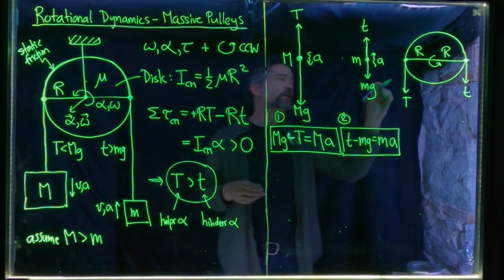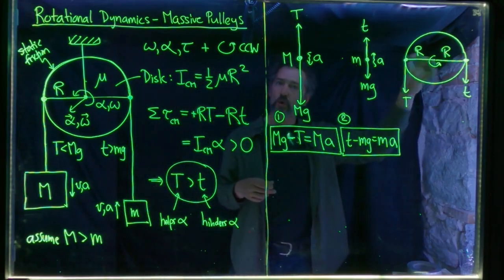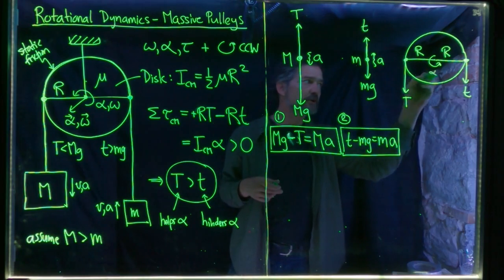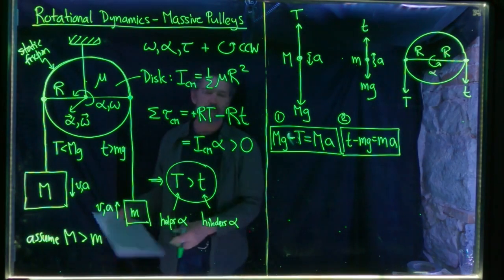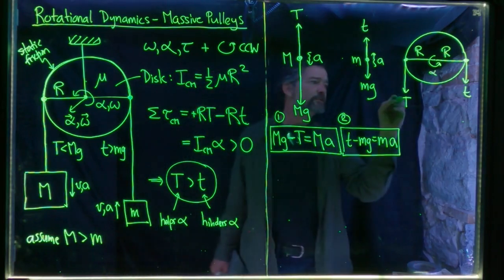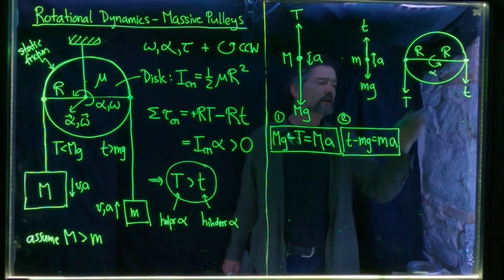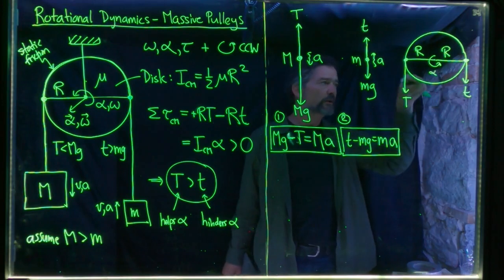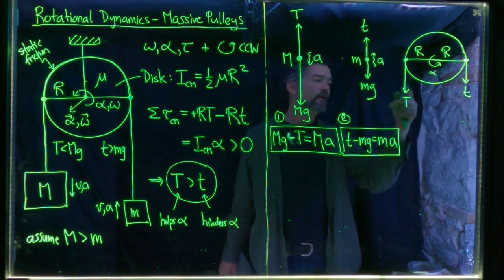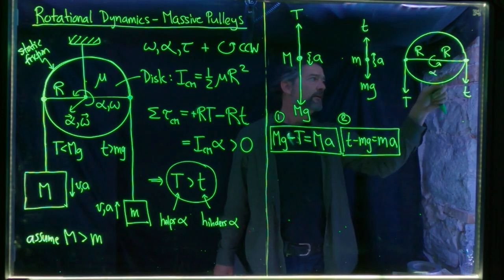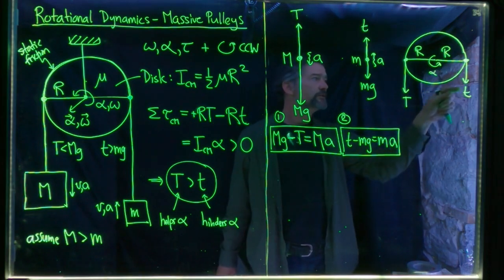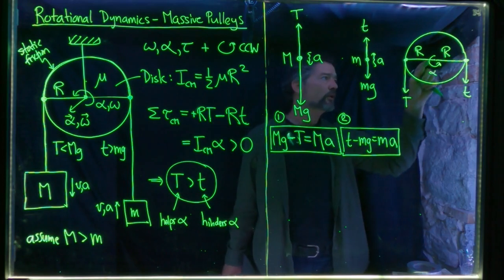What we care about is the net twisting force, or the net torque, causing the angular acceleration alpha. Okay, so we've already talked about that. So this rope on the left-hand side is exerting a counterclockwise torque of magnitude r times T, and the rope on the right-hand side is exerting a clockwise torque of magnitude r times t.